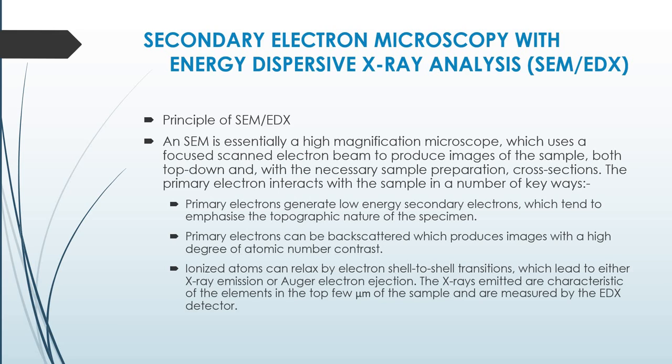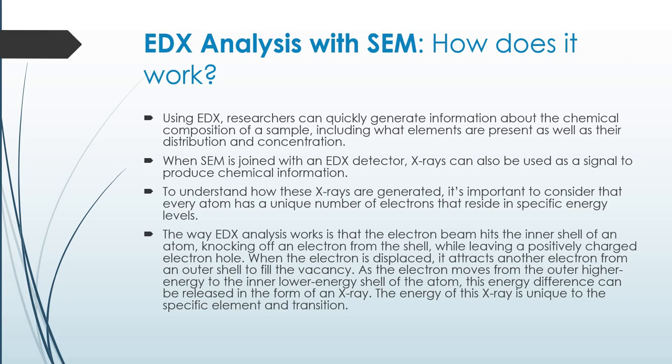Ionized atoms can relax by electron shell to shell transitions, which lead to either X-ray emission or Auger electron ejection. The X-rays emitted are characteristic of the elements in the top few micrometers of the sample and are measured by the EDS detector.